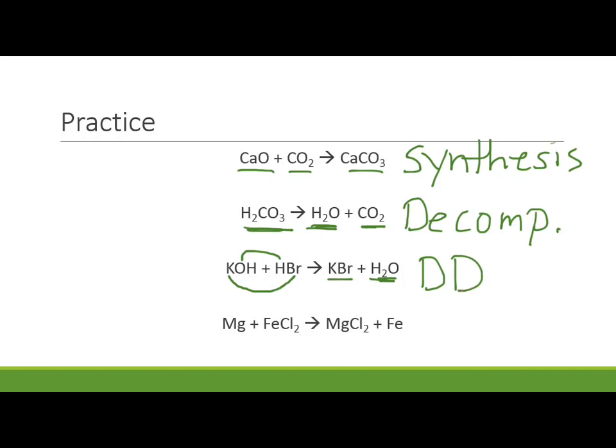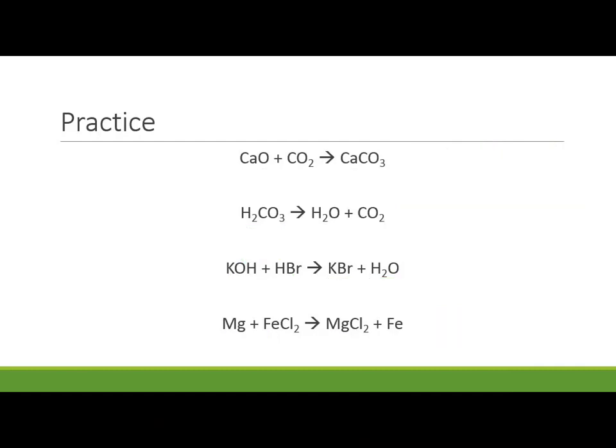And then you can probably guess that the last one must be single displacement, because that's the only one left, and I'm obviously going to give you an example of each. But just to be sure, let's see what's going on. Magnesium's coming in, kicking out the iron to make magnesium chloride, and then we have free iron sitting here all by itself. All right, so that sums it up for this section. Thanks for bearing with me.